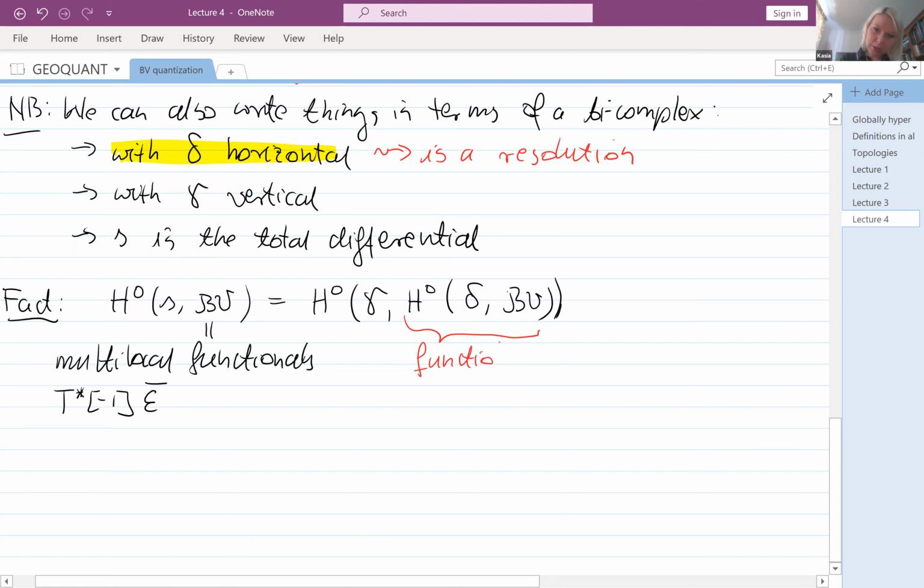So going on shell means taking functionals on the solution space.